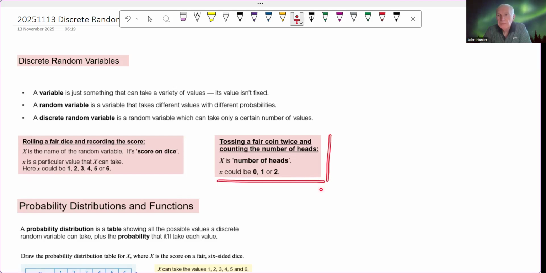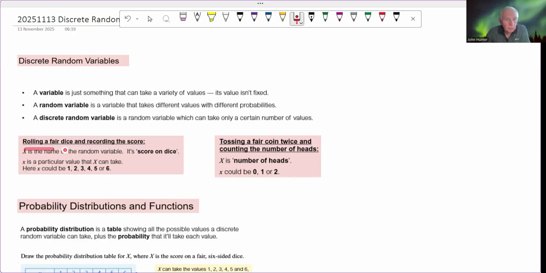Then the number of heads could be 0, 1, or 2, so specific numbers. If we're looking at heights of students and we measure their height, then the height could basically be anything. If we go to enough decimal places, it could be virtually anything. So that would be a continuous random variable. Anyway, today we're just looking at discrete random variables.